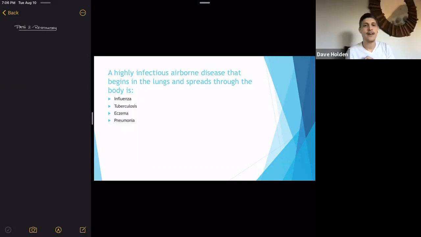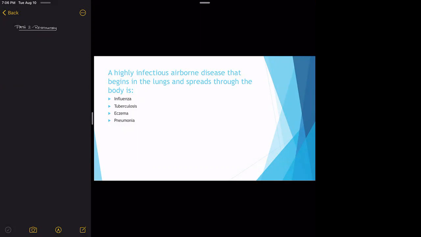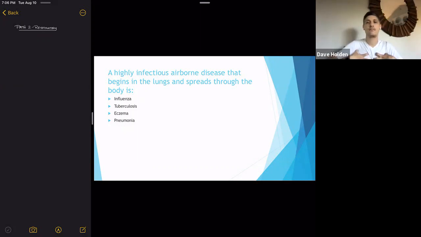Influenza is highly infectious and airborne, but it's a respiratory infection. It stays in the respiratory system. Pneumonia is fluid in the lungs, also an infection, but pneumonia stays in the lungs. Tuberculosis travels all over the body.